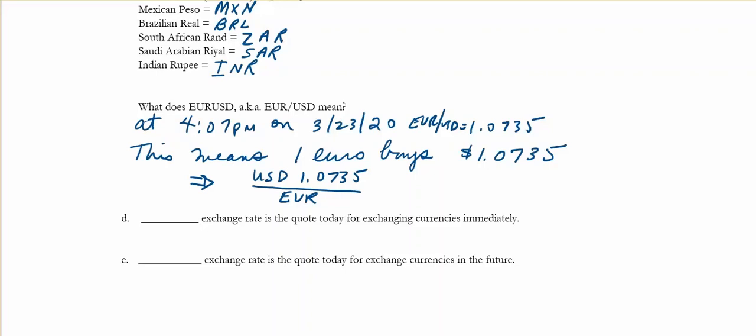When the number is put on the other side of the equal sign like this, as opposed to within the fraction, it's telling you the value of the euro in terms of dollars is $1.0735. So if that number goes up, it means the euro's going up. In that sense it's intuitive, but in another sense, definitely counterintuitive. You might need to go back over this portion of the lecture just to keep this straight, because when you have different currencies, there's always the question of which currency you are valuing.